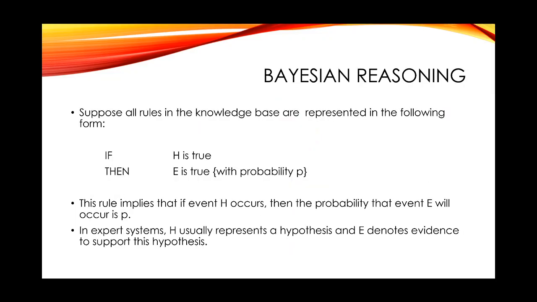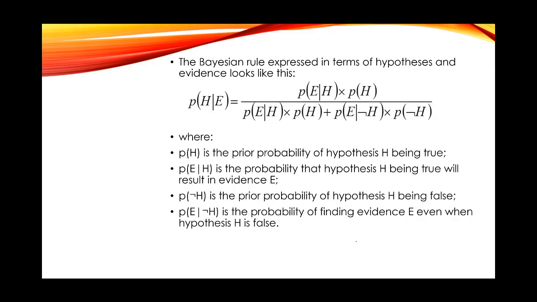In Bayesian reasoning, we suppose all rules in the knowledge base are represented in the following form: if H is true, then evidence E will be true with probability P. So this rule implies that if event H occurs, then the probability of event E occurring is P. In expert systems, H usually represents the hypothesis and E denotes the evidence to support the hypothesis.